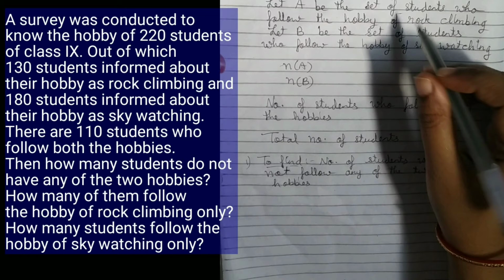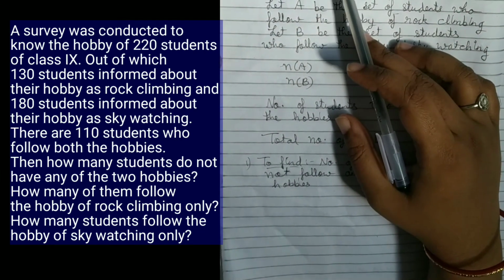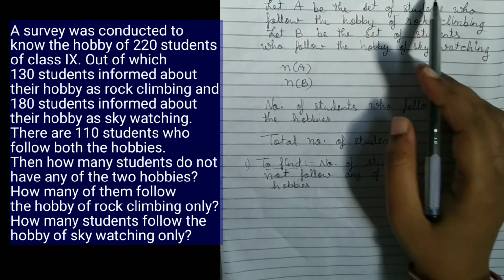Then, how many students do not have any of the two hobbies? How many of them follow the hobby of rock climbing only? How many students follow the hobby of sky watching only? See, it is a very big question. We have to find three things. Okay, we will find it one by one.